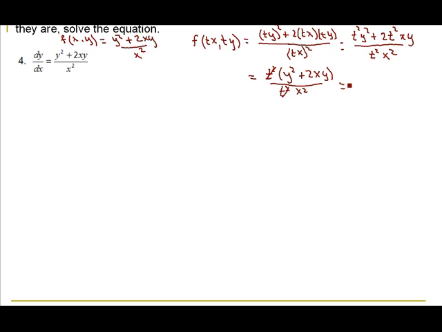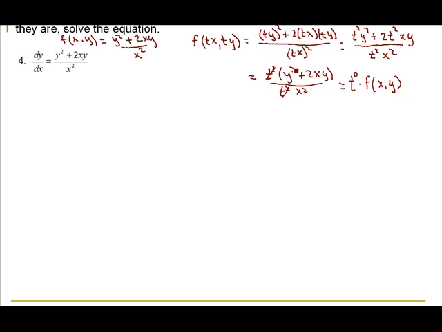And if you wanted to, you could write this as t to the 0 power times y squared plus 2xy over x squared, which gives you your function, t to the 0 times f of x y.